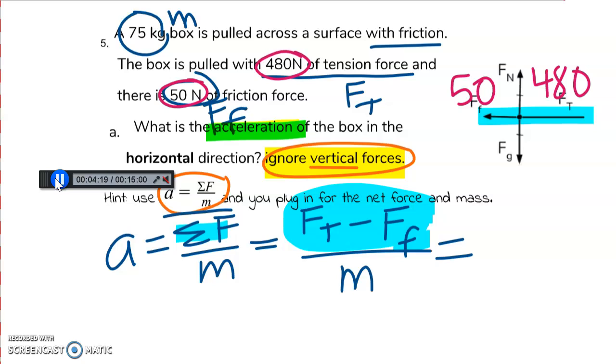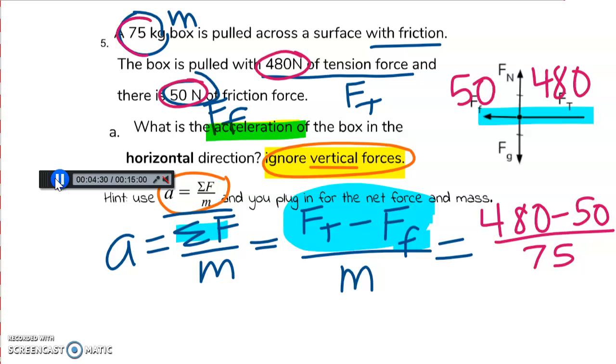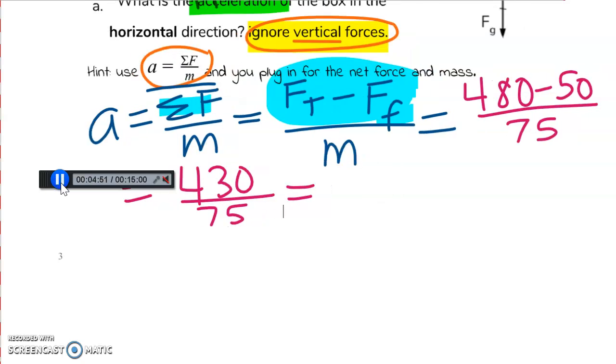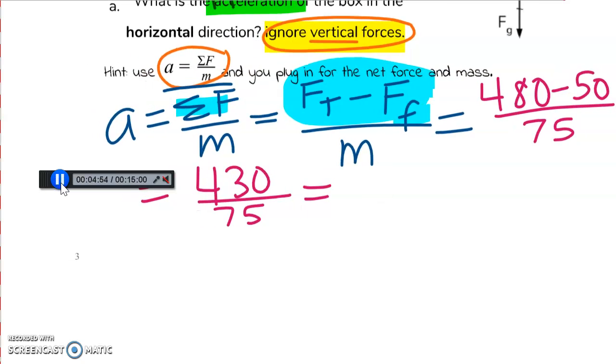To complete my answer, I would first need to find the total force, 480 minus 50, and divide that by the mass of the box, which I already annotated in the problem. 480 minus 50 will give me 430, and I divide that by the mass to get my final answer. The answer using these numbers will be 5.7 meters per second squared.